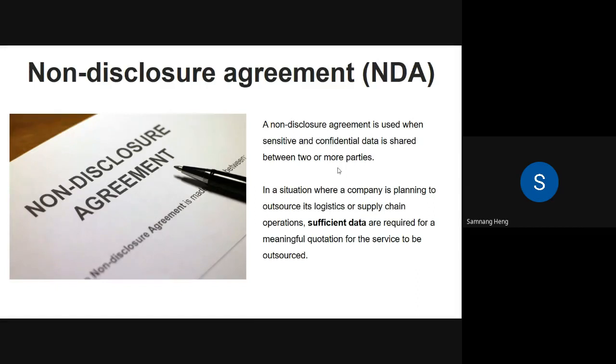All right, coming back to logistics. When do we need to create this kind of agreement? It happens in a situation where a company is planning to outsource logistics or supply chain operations, where sufficient data is required for a meaningful quotation for the service to be outsourced.